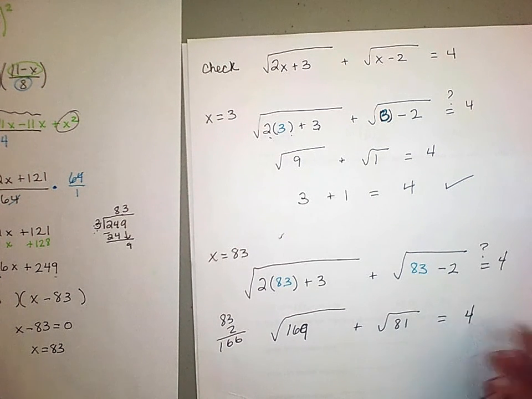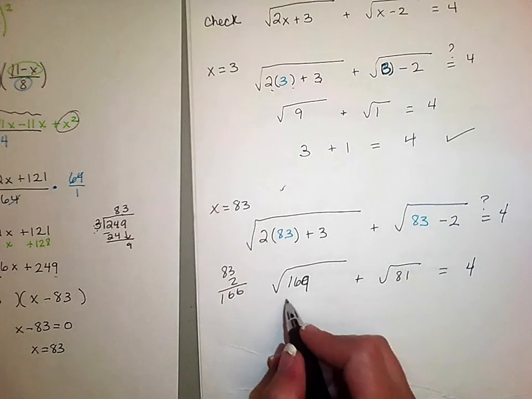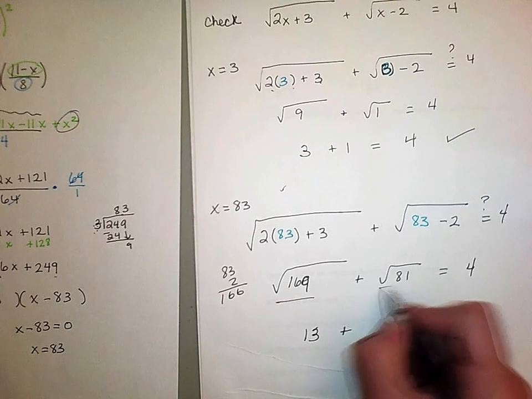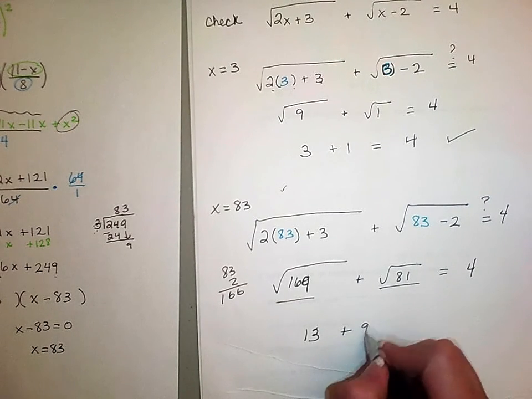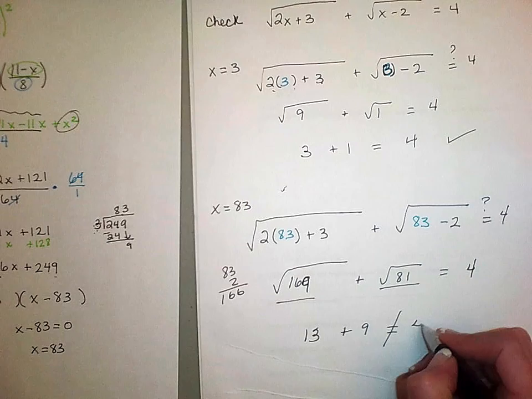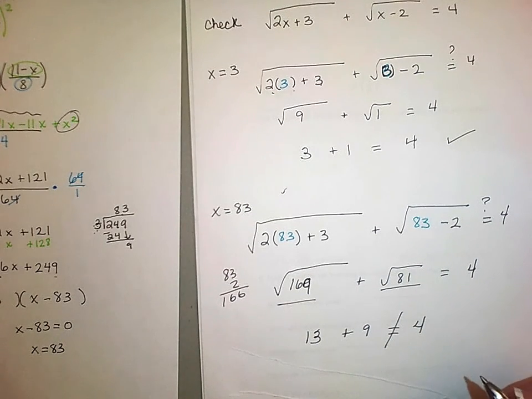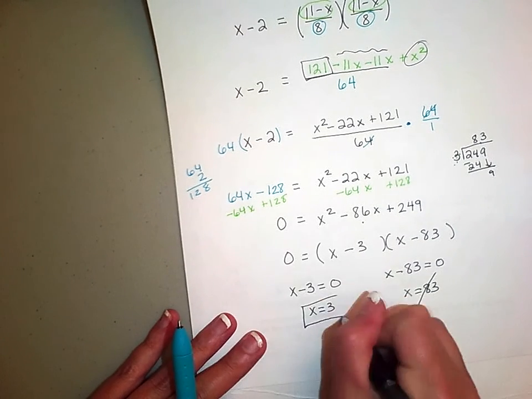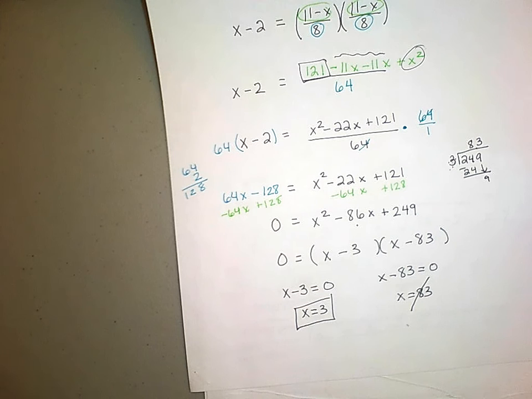Does that equal 4? The square root of 169 is 13. The square root of 81 is 9. And 13 plus 9 clearly does not equal 4. So in this case, this is an extraneous solution, and we only have one. x is equal to 3.